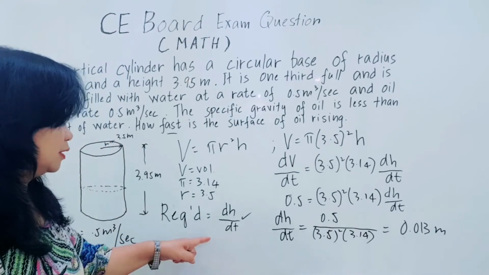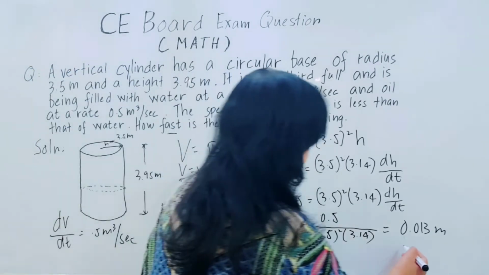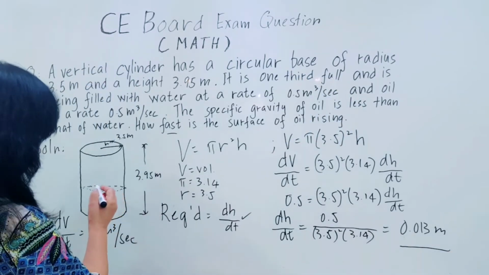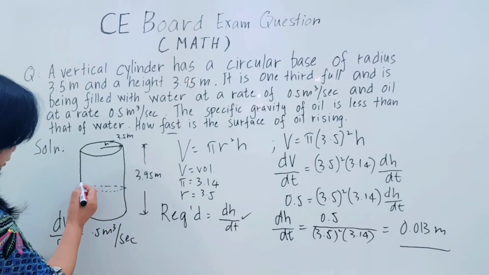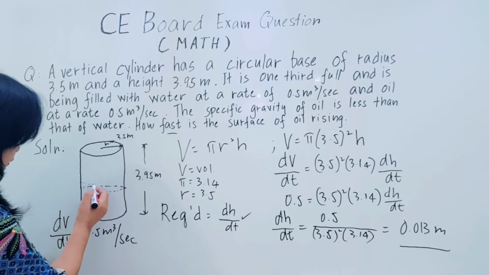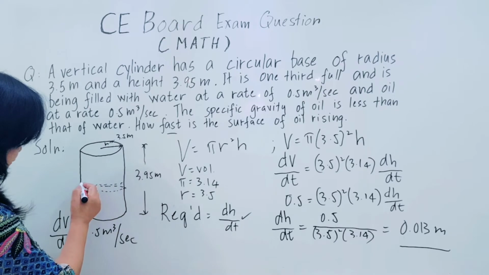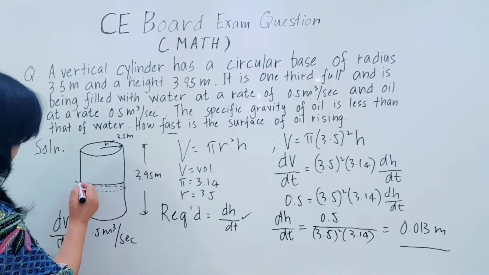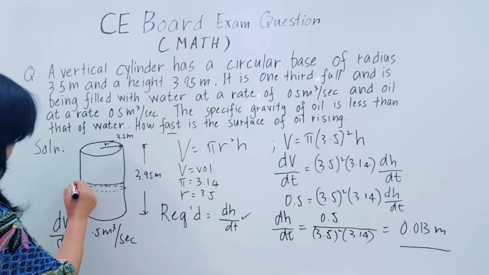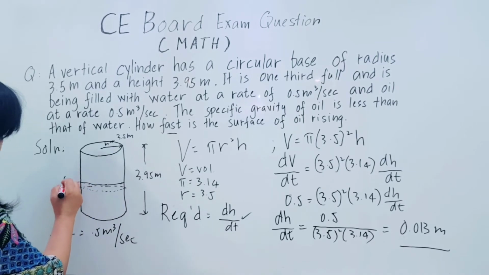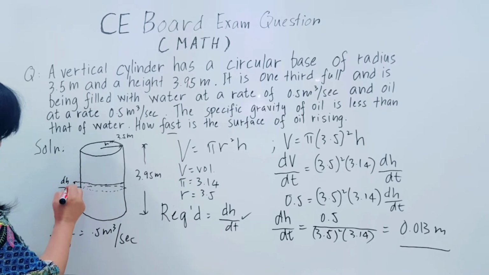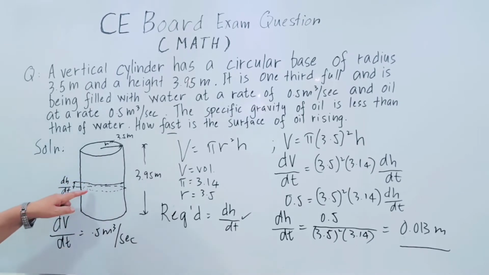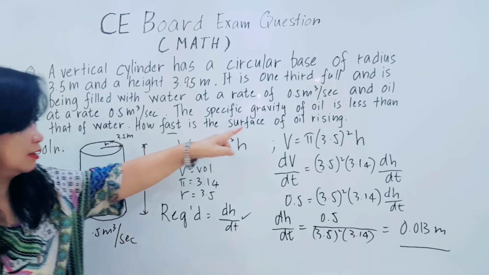That is the one we're looking for, the dH dt. If we put this in the drawing, this is the dH dt, the rate of change of the height with respect to time of the oil.